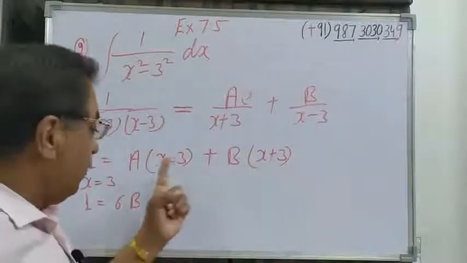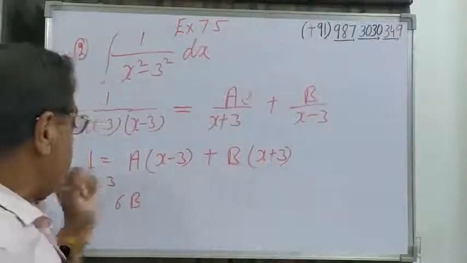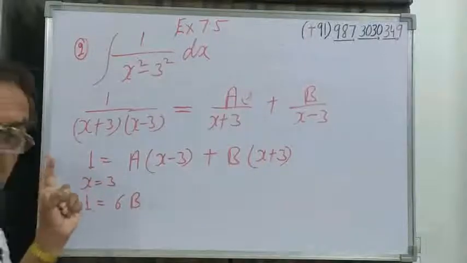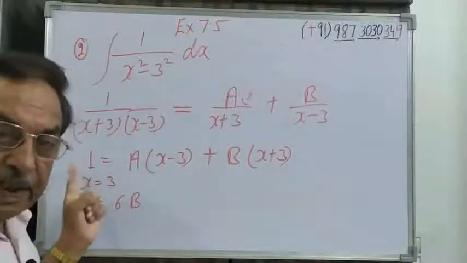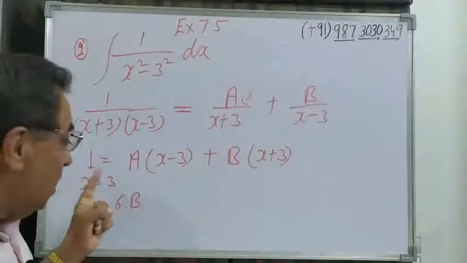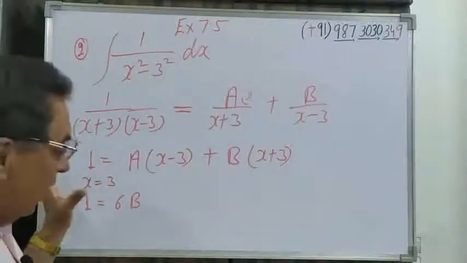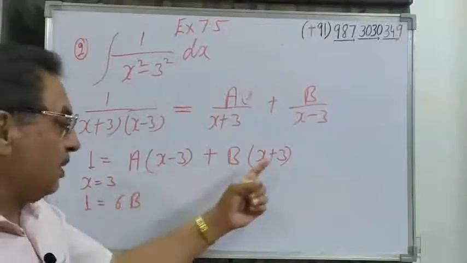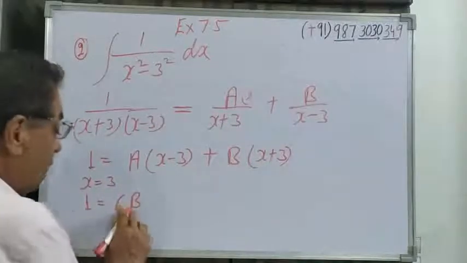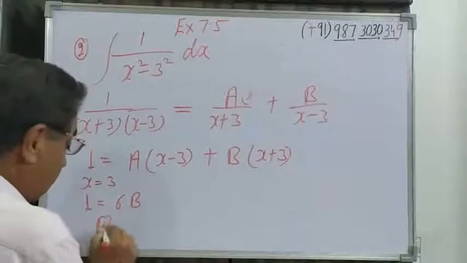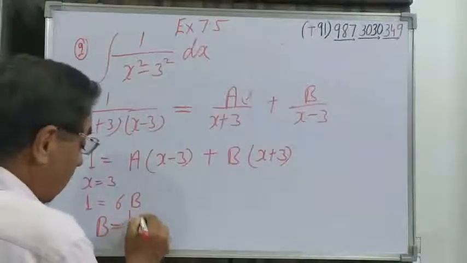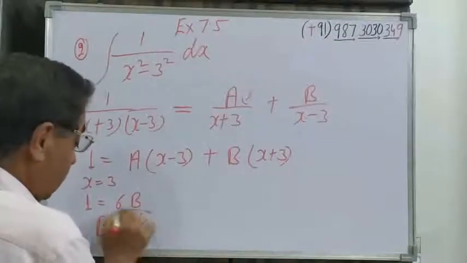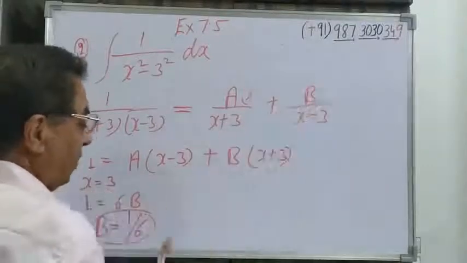There is no x here to substitute, so I am putting x equal to 3 on both the sides. 3 minus 3 is 0, 3 plus 3 is 6. So the value of b we are getting is 1 upon 6. One of the values, b, we have received.